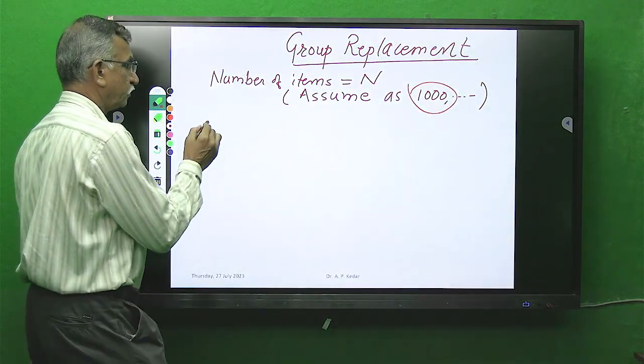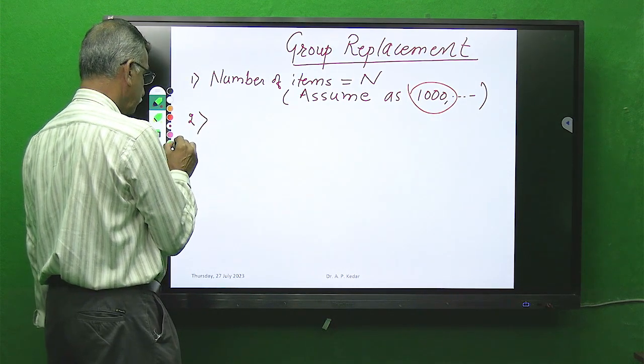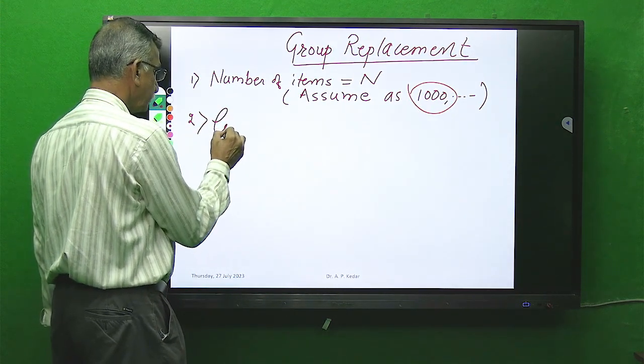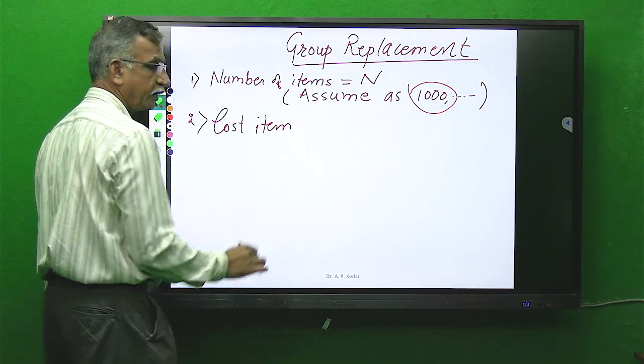Now this is first. Second, what you need is the cost of the item. That data will be needed.